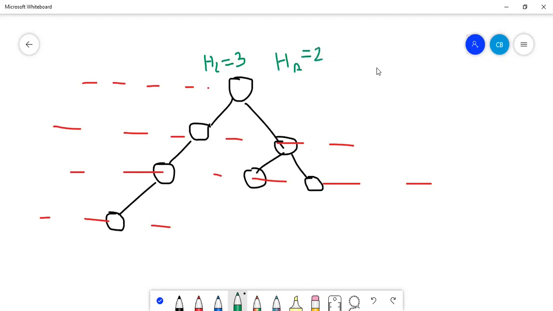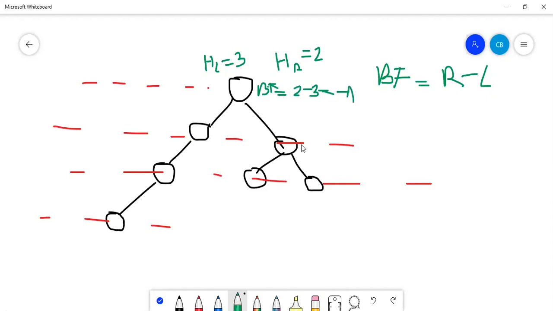So the balance factor, BF, equals, and we can choose the way we do the subtraction, either right minus left or left minus right, it doesn't matter. The values will be in the end the same. So let's go for right minus left. What's the balance factor for this node here? Right 2 minus 3 is minus 1.